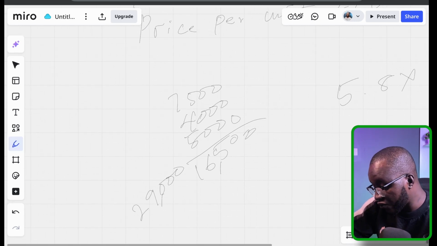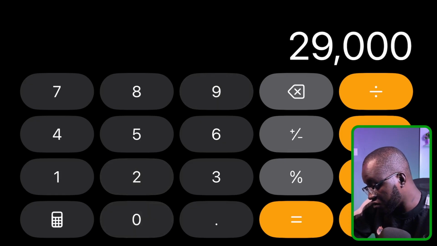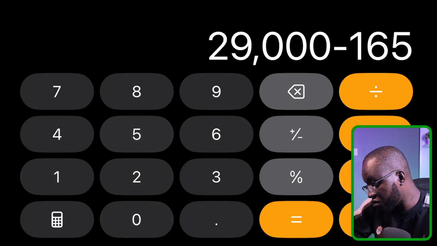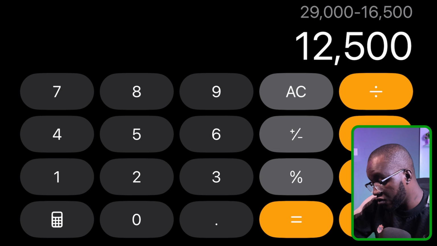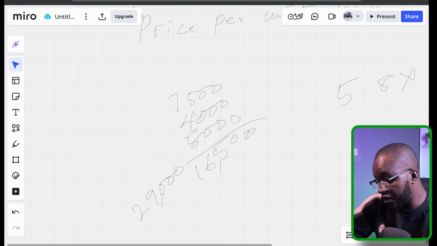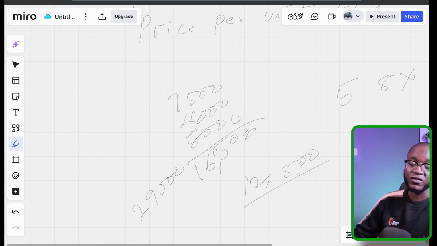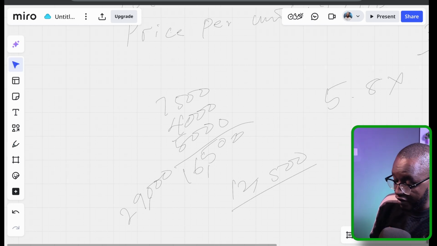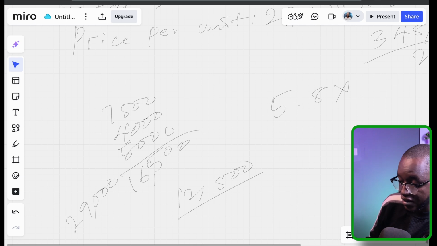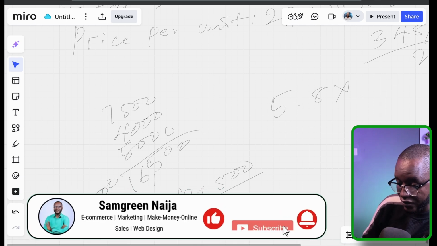So if you calculate our profit margin based on this, 29,000 minus 16,500, it means that we are making 12,500 naira profit with this calculation. Now with our 5.8x ROAS, we are making 12,500 naira, right?